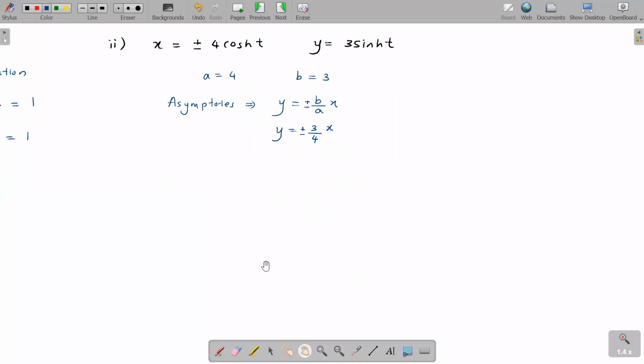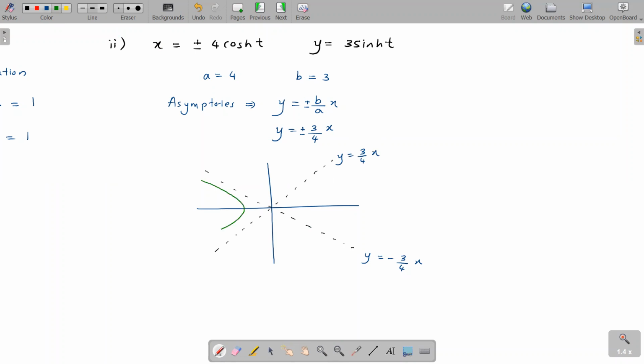So when we draw the graph, this is going to be y equals the negative 3 over 4 x. This one will be the positive 3 over 4 x, right? Those are the two asymptotes, and then you draw the hyperbola.